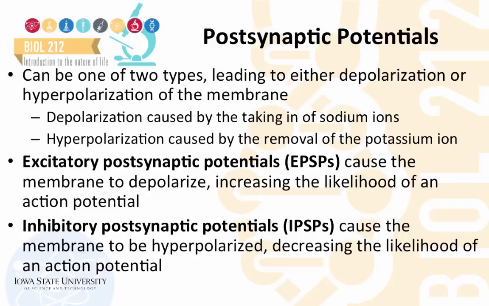Excitatory postsynaptic potentials, also known as EPSPs, cause the membrane to depolarize, increasing the likelihood of an action potential. On the other hand, inhibitory postsynaptic potentials, or IPSPs, cause the membrane to be hyperpolarized, decreasing the likelihood of an action potential.